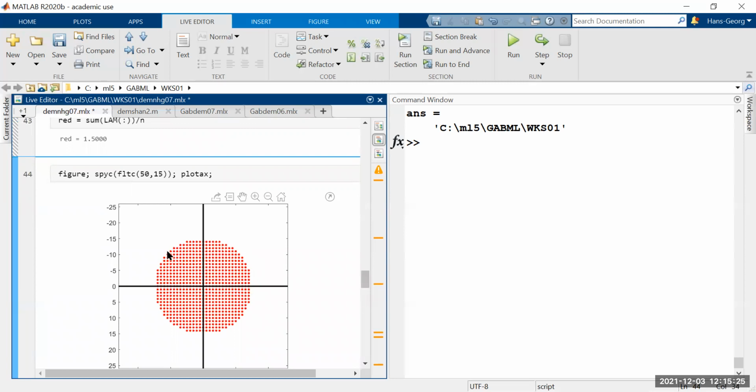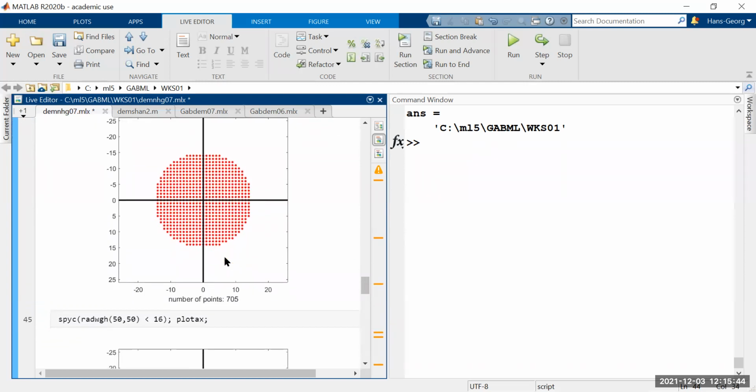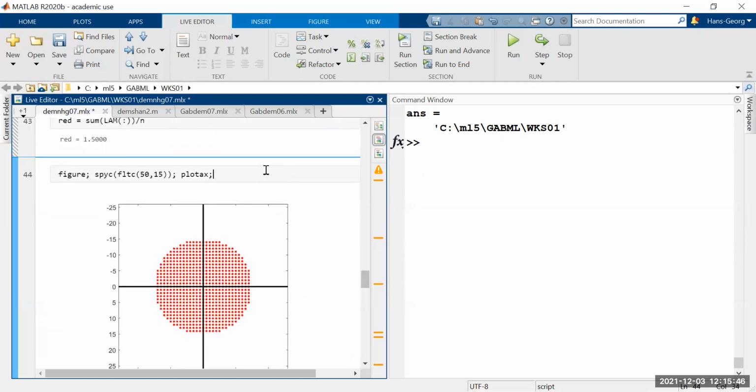You also see it doesn't look so round. This has to do with the fact that we have an integer lattice, and that we have Euclidean distances from the center, which in Matlab is 1, 1, but you should think of 0, 0, and therefore it's approximately circular.